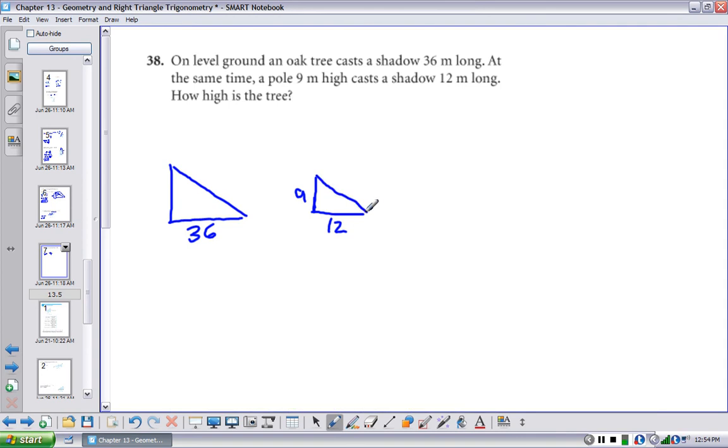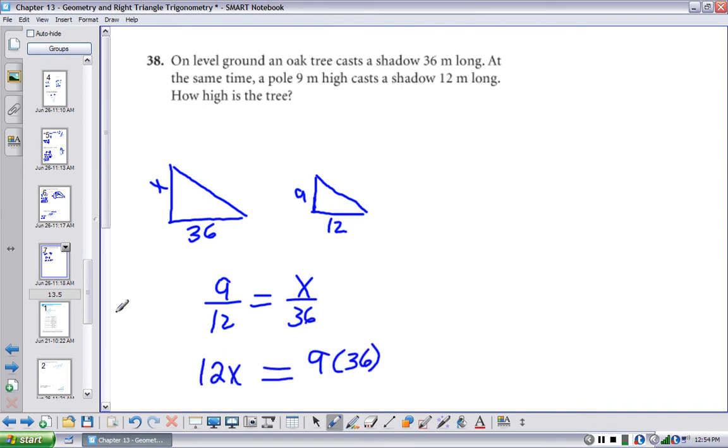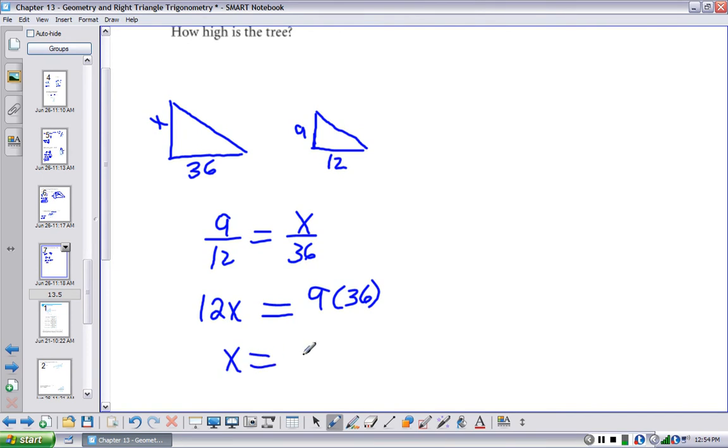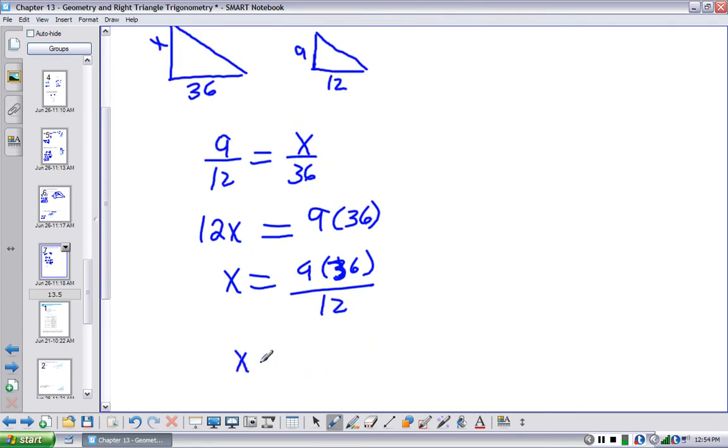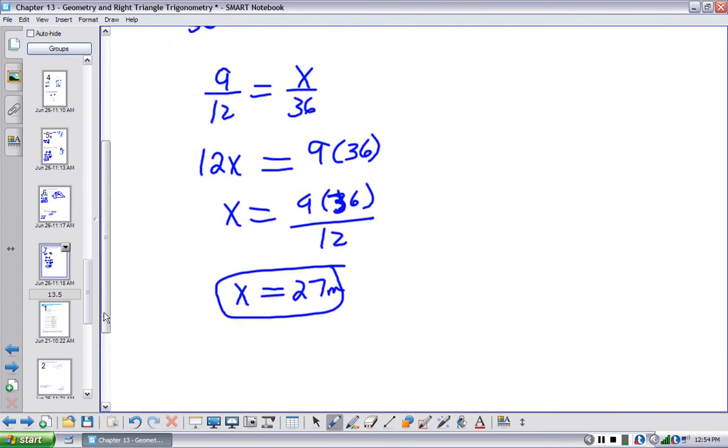How high is the tree? We want to know how high that tree is. We'll call it X. So we can set this up as 9 over 12 equals X over 36. So we have 12X equals 9 times 36, or X is 9 times 36 divided by 12. So X is 27 meters. That's how tall the tree is.